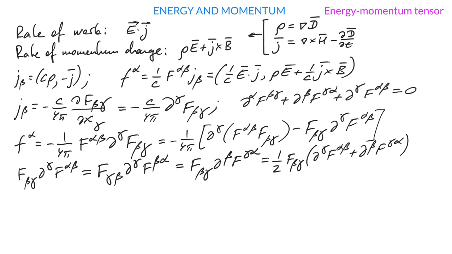This is a combination of two homogeneous Maxwell's equations. So now we look into this bracket and we recognize two of these terms are from this equation. So we can substitute the remaining term with the minus sign, and we will obtain negative 1/2 F_{βγ}∂^α F^{βγ}.